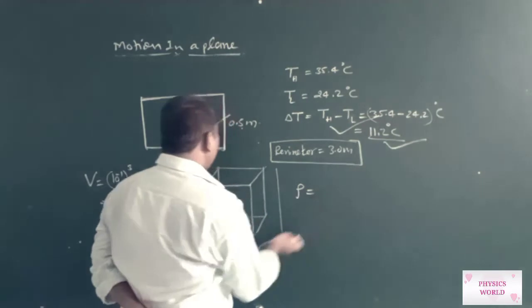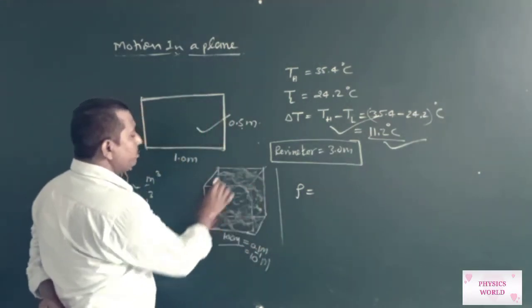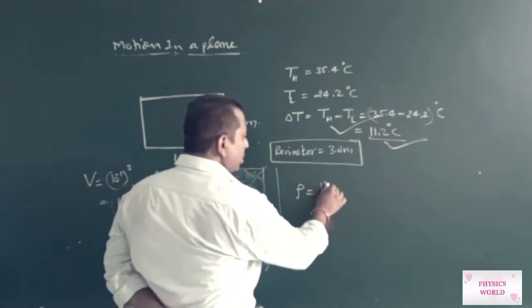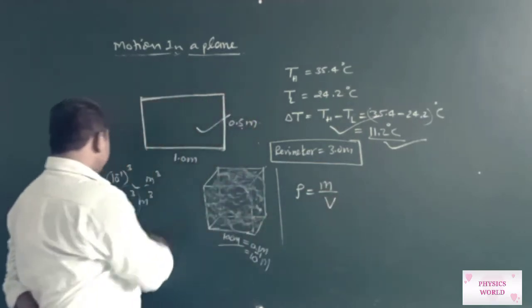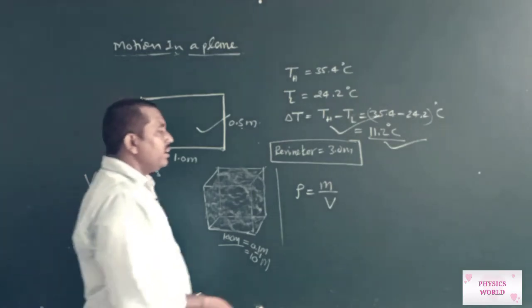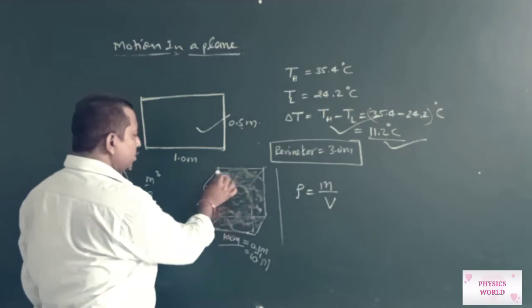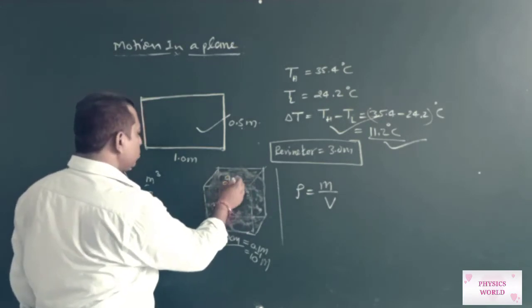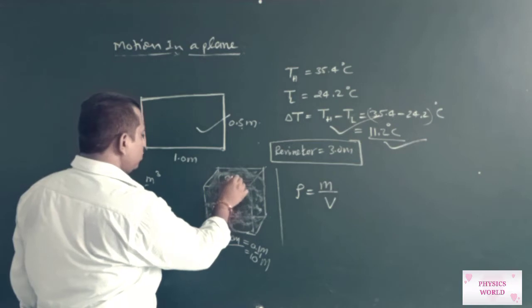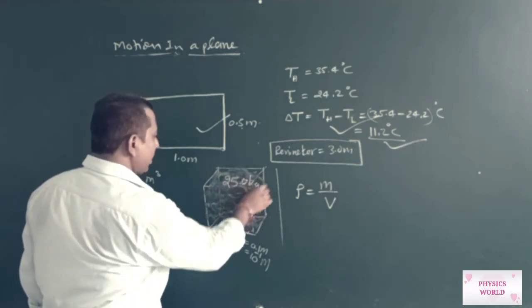Suppose this is a solid cube, and the mass of the cube is m kilogram, and the volume of the cube is 10 to the power minus 3 meter cube. Suppose the mass of this solid cube is 25.0 kilogram.